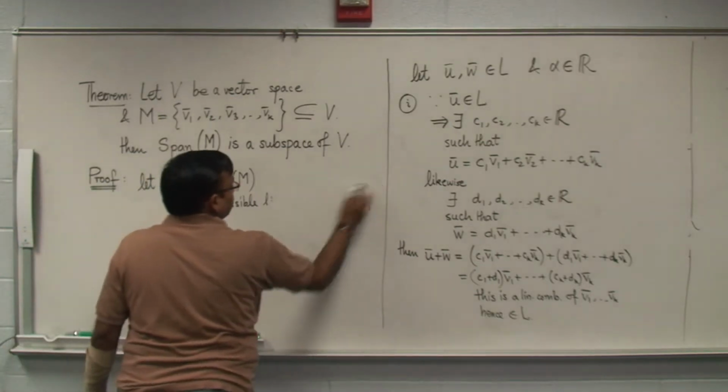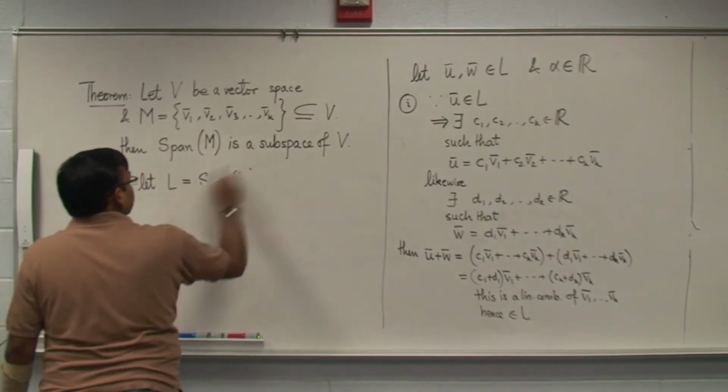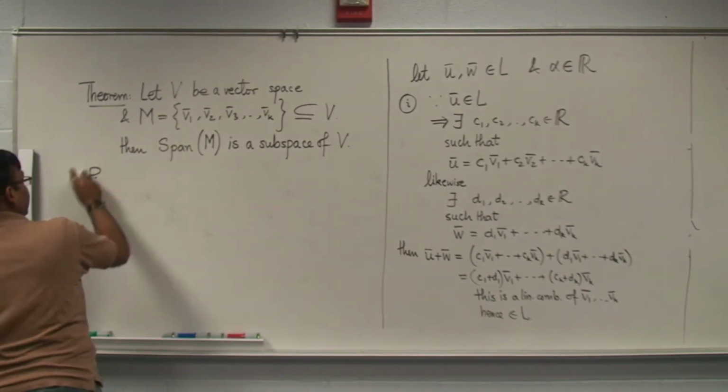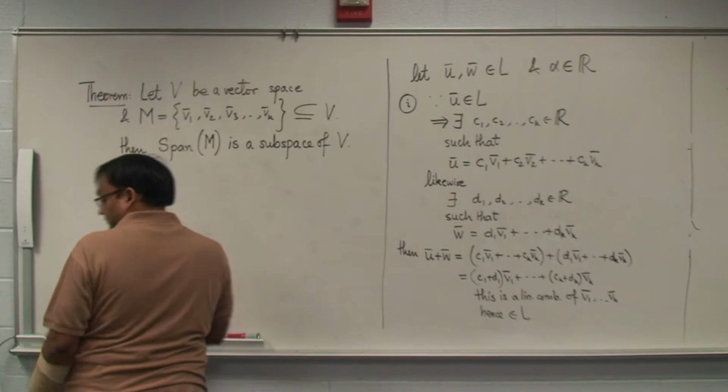Now the only thing left for us to figure out is, what about multiplication by a scalar? What if I consider alpha times u?